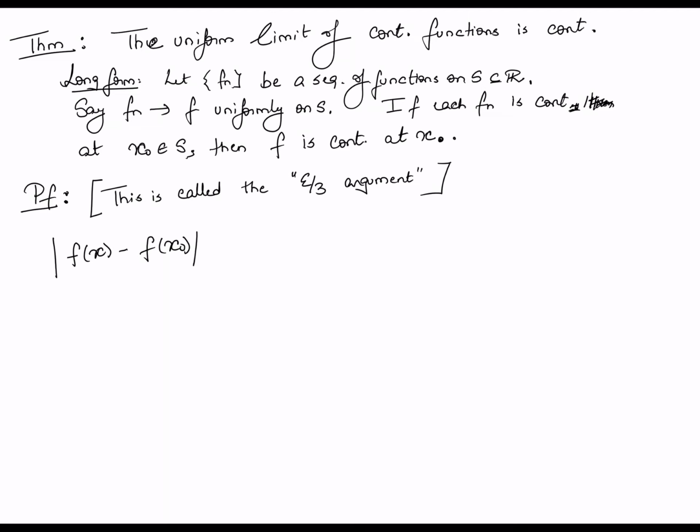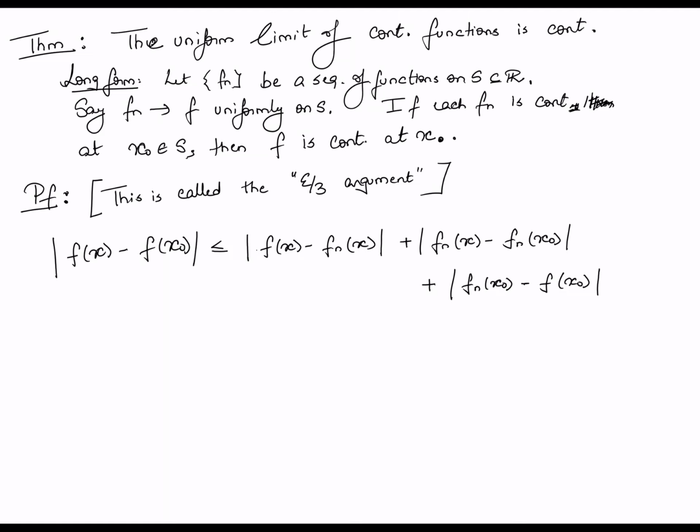Now what we are going to do is break this up into 3 chunks and show that each of those chunks is less than epsilon by 3, hence the name epsilon by 3 argument. So this is less than or equal to |f(x) - fn(x)| + |fn(x) - fn(x0)| + |fn(x0) - f(x0)|.